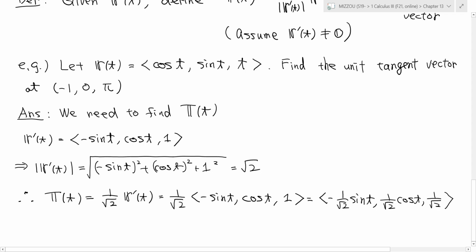Okay, this is a unit tangent vector at an arbitrary t.